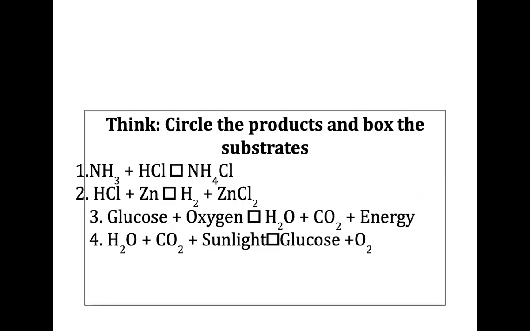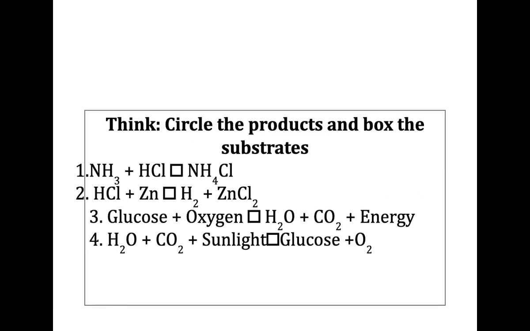So, obviously we're not circling things, but looking up here, I want you to tell me for number 1 what the product is. What's the product for number 1? NH4Cl. Why is that the product? Because it comes after, okay?